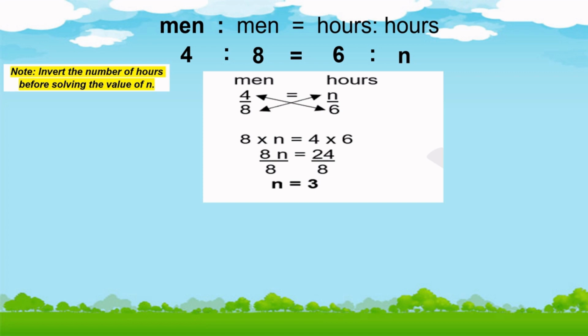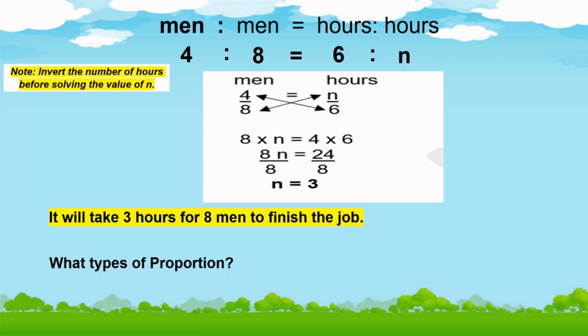Then we have 4 by 6 is equal to 24. Then we will divide it by 8. So 8n divided by 8 is equal to n. Then 24 divided by 8 is equal to 3. Okay, so the missing term is 3. So therefore, it will take 3 hours for 8 men to finish the job.